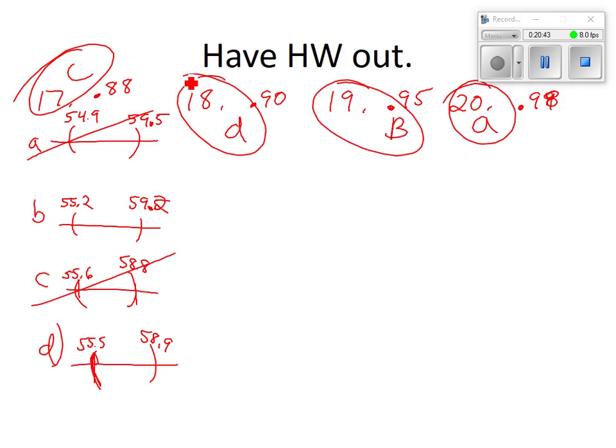Now the other thing I want to show you on here, we have these two numbers. I'm going to show you here in a few minutes how to find these confidence intervals on your calculator. And on your calculator, it's going to show you this.